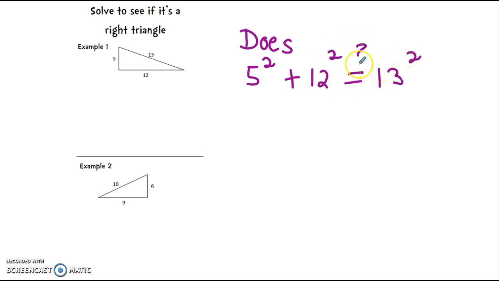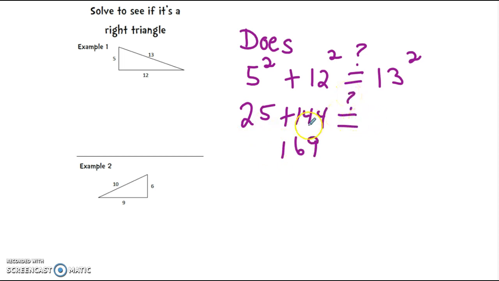So I'm just going to go ahead and simplify the left side. So that's 25 plus 144. Okay. And then 25 plus 144 is 169. So we're still asking, does that equal 13 squared? Well, what is 13 squared? Check your IMB and you'll find that 13 squared is 169. So yes, those side lengths form a right triangle.